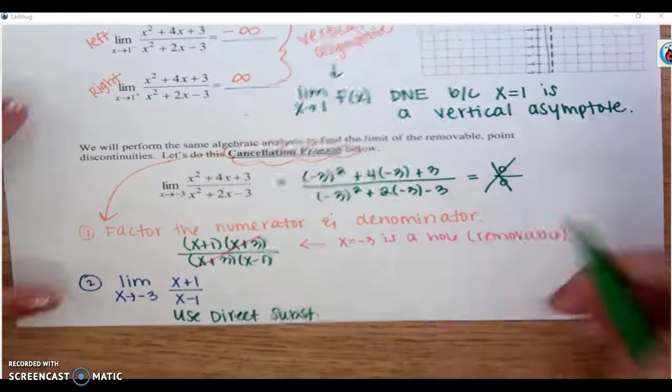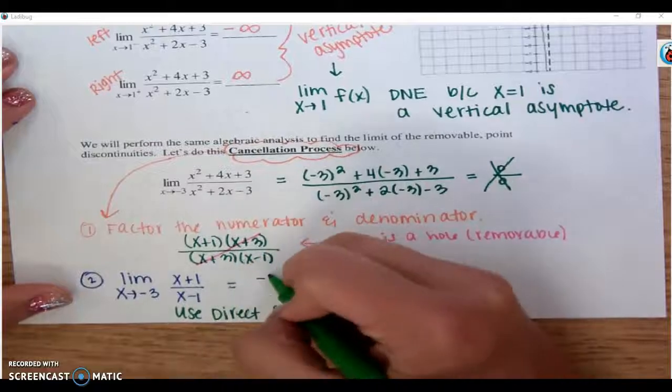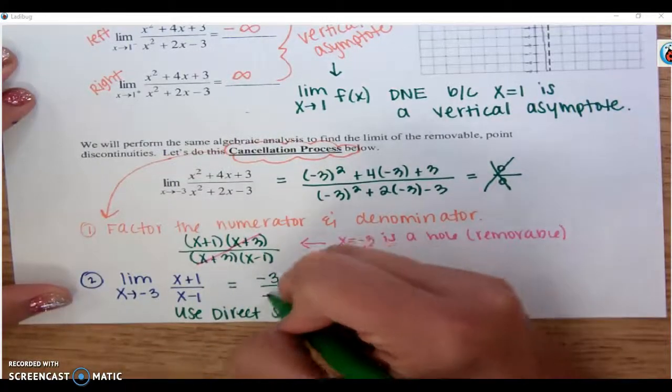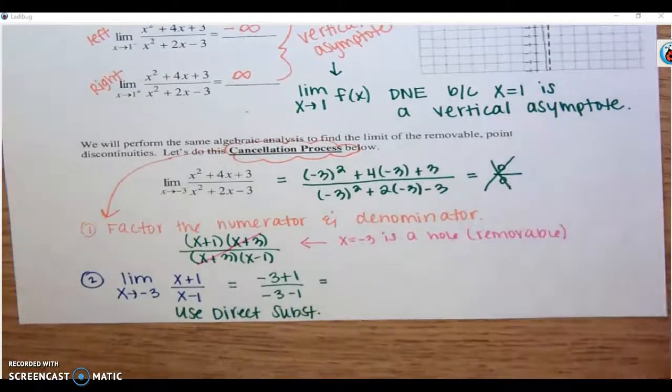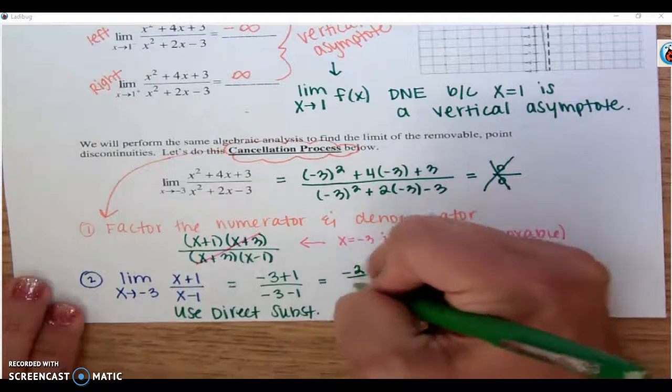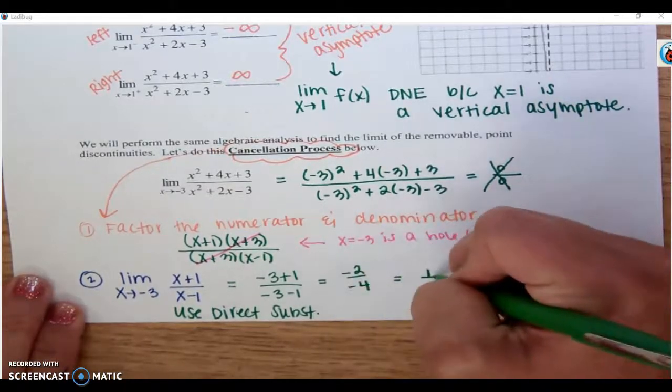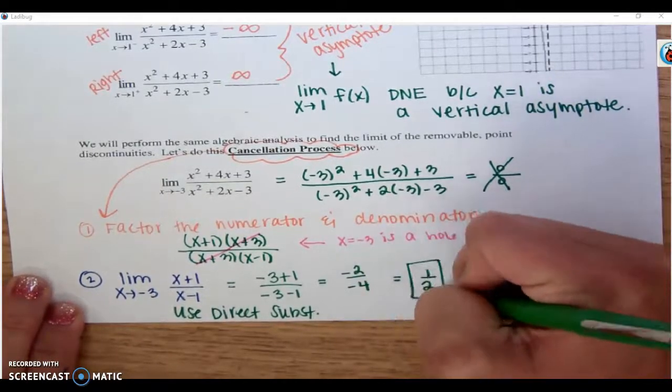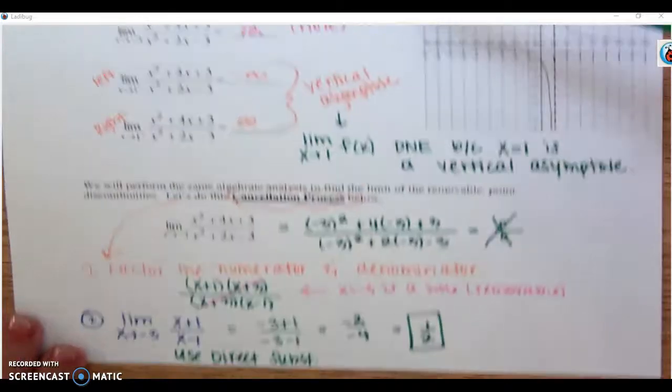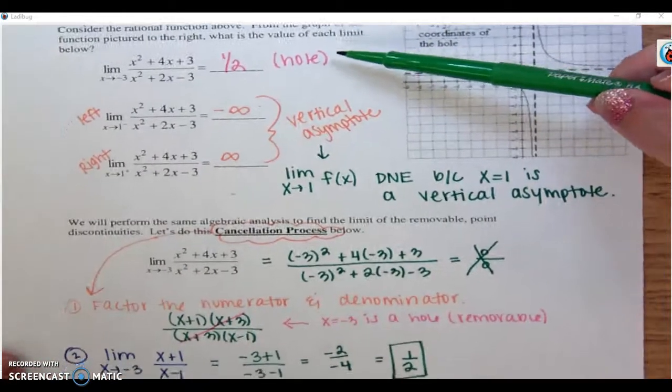Remember, direct substitution, you're just plugging in that x value. So we're going to end up with -2 over -4, which is going to be 1/2. Which is exactly what we got up here when we looked at the graph.